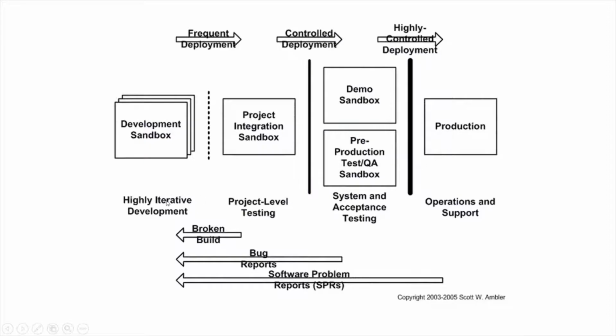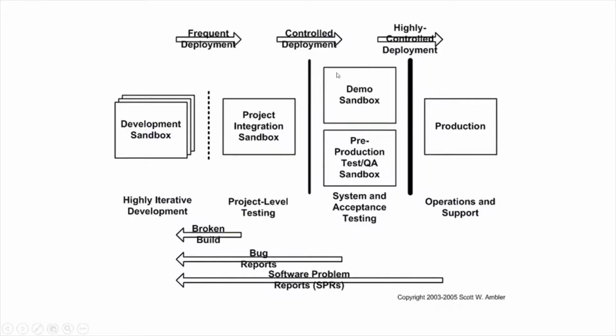Some of the characteristics of these sandboxes: we have frequent deployment between the development sandbox and the project integration sandbox, because a lot of stuff is going on here. We deploy frequently, and if something is broken, we just pass it back for further development and improvement.